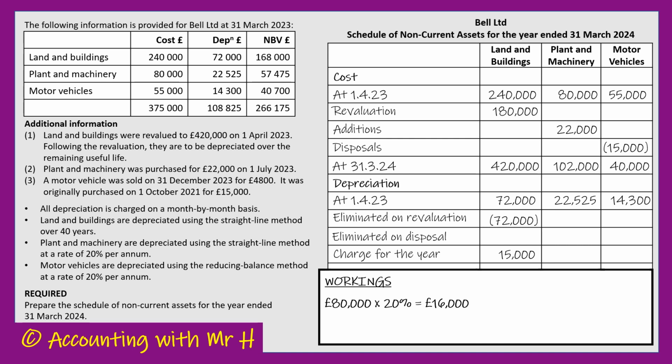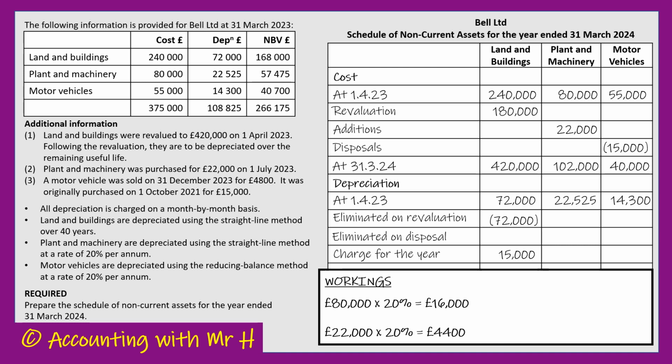Then I'm going to look at the plant and machinery that they purchased during the year, which cost them 22,000. 20% of 22,000 is 4,400. But they haven't owned these ones all year.